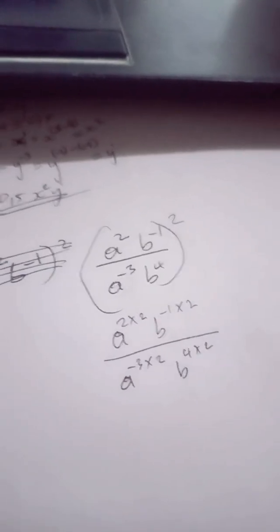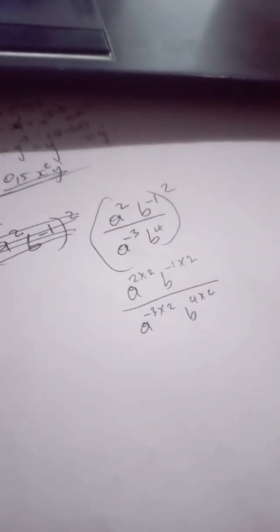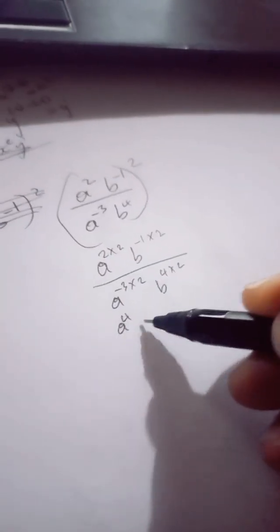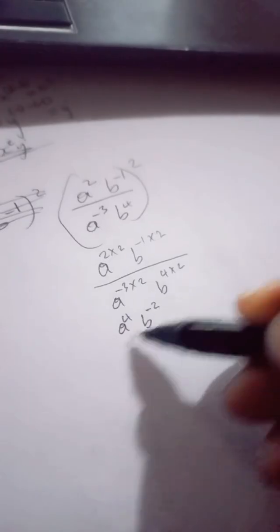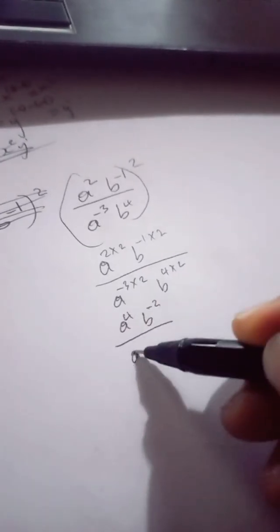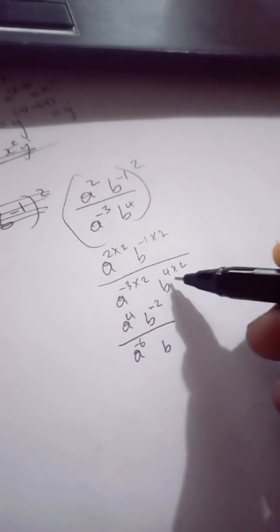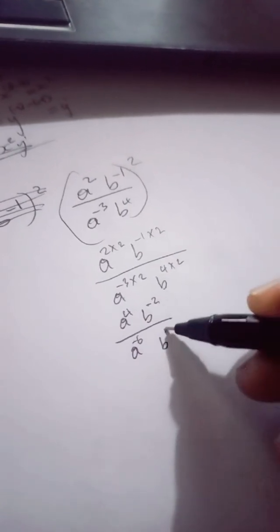So now, a to the power 4, b to the power negative 2 over a to the power negative 6, b to the power 8.